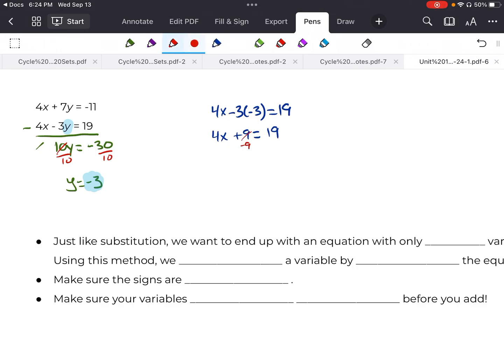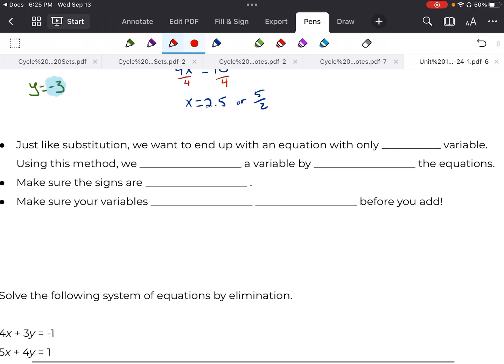We'll subtract the 9. 4x equals 10. And when we divide both sides by 4, we get x is 2.5 or 5 over 2. Okay, so point of intersection is 5 over 2 and negative 3.